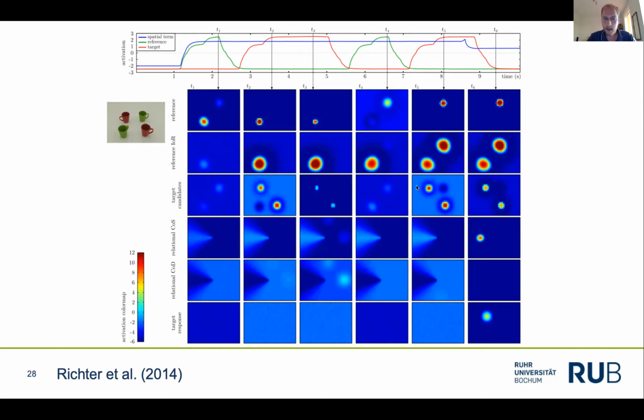It again selects the two red target candidates and compares them to a spatial template. Since this red object here, one of the target candidates, is in fact to the left of this green reference object, the relational field forms a peak on the correct target, and that target is then output in the target response field.